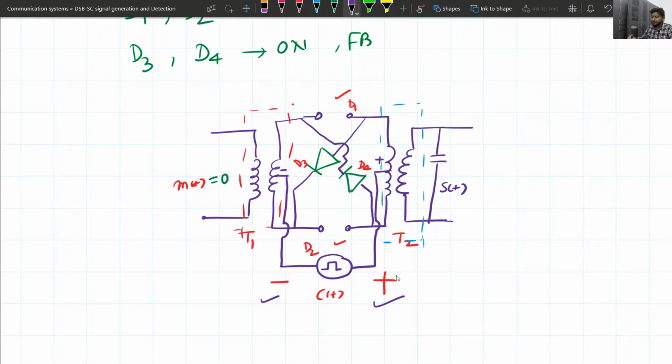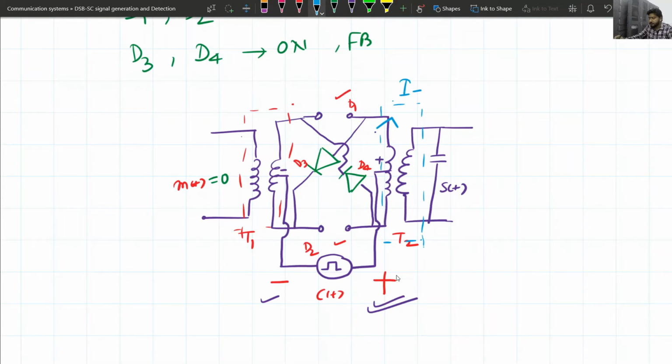Then you can see the polarity here. Now we are taking the case when D1 and D2 are off.